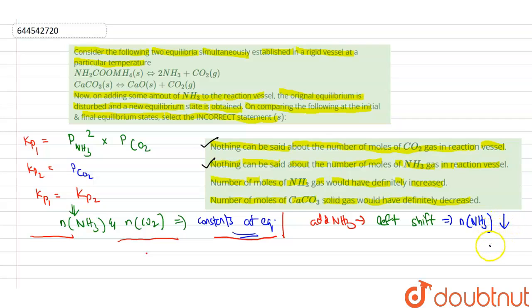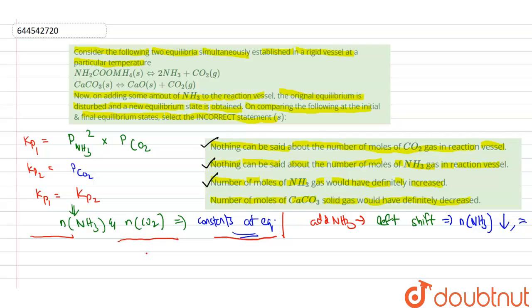I mean, it won't definitely increase. Definitely increase is not possible. It might decrease or it might also stay the same. So this is also incorrect. So it will be our option.